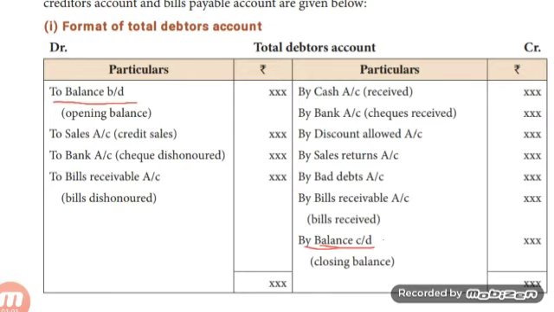First, enter the opening balances of debtors on the debit side as to balance brought down, and enter the closing balances of debtors on the credit side as by balance carried down. Children, note the point.